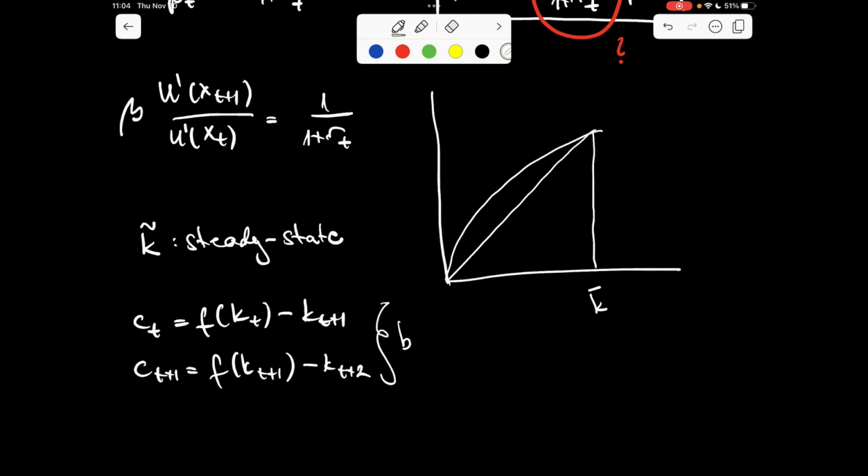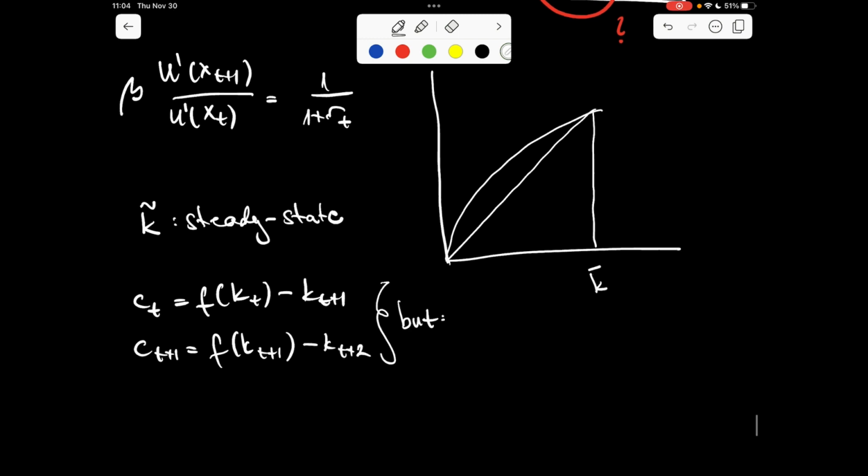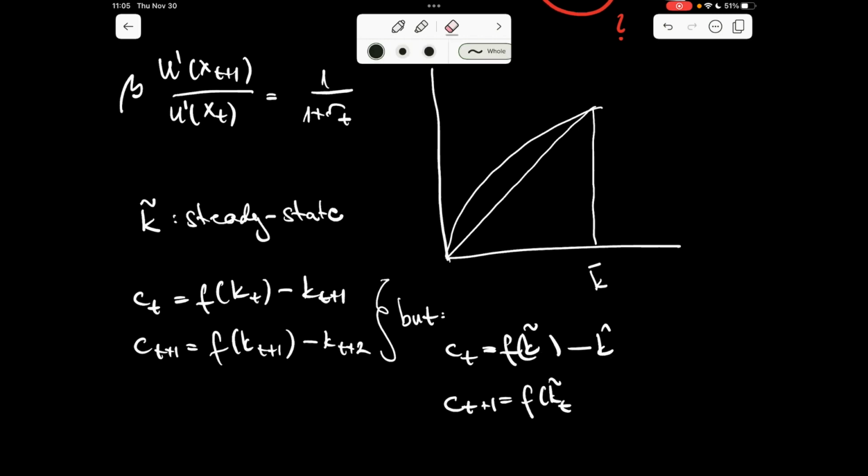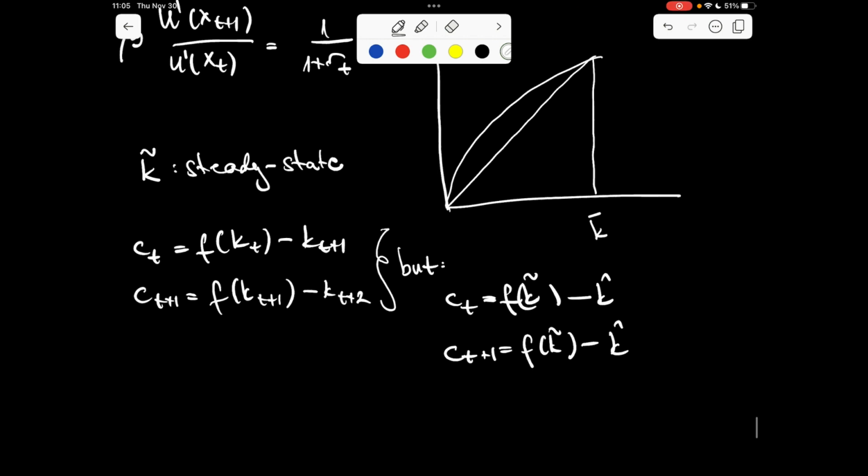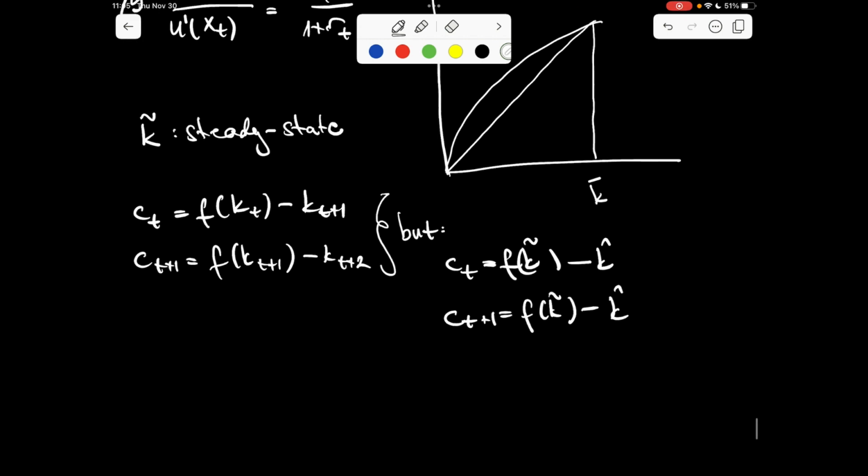If we are in the steady state, then the capital stock doesn't change. So the consumption path is also constant.